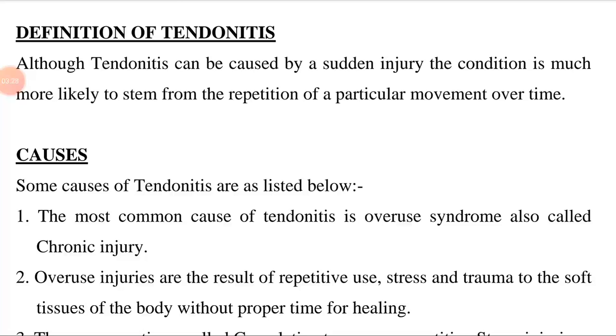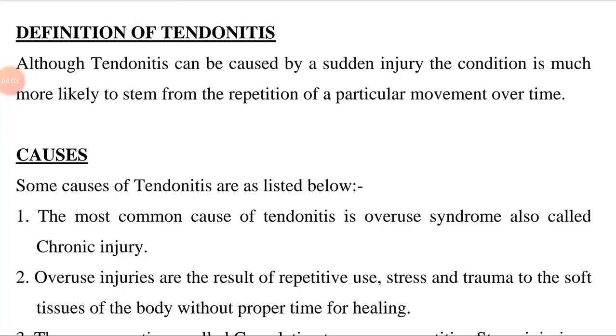Although tendinitis can be caused by a sudden injury, the condition is much more likely to stem from the repetition of a particular movement over time. That is, tendinitis can occur due to unexpected harm, or from a great amount of movement in a specified area that affects the tendons.